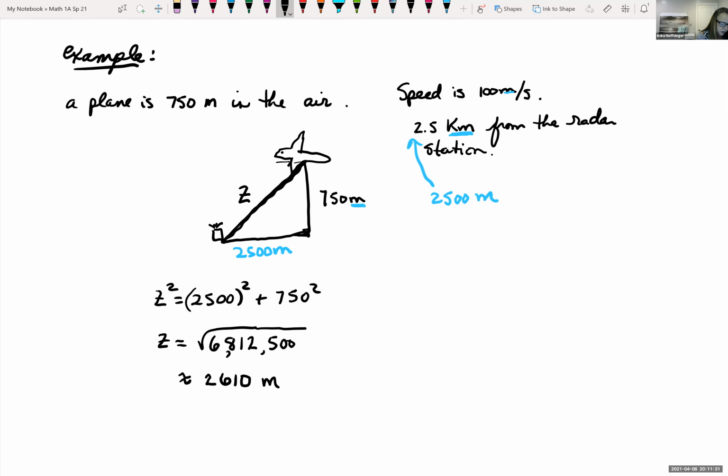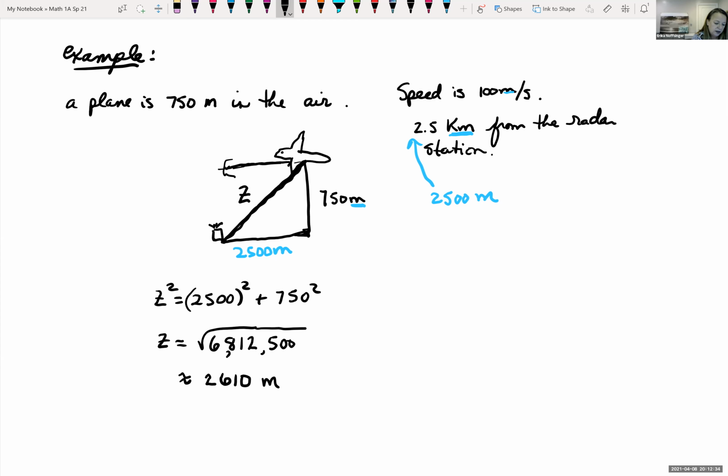It's getting closer and closer to the station. Notice that the plane right now is coming closer to the radar station. And so remember, there's a difference. Vectors include direction, and that direction is toward the station, so our speed is actually going to be negative.